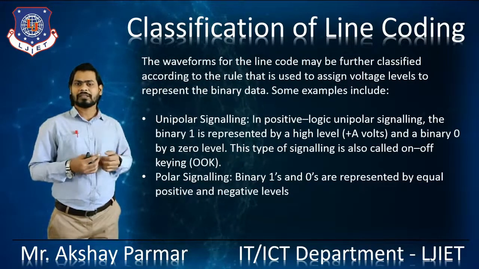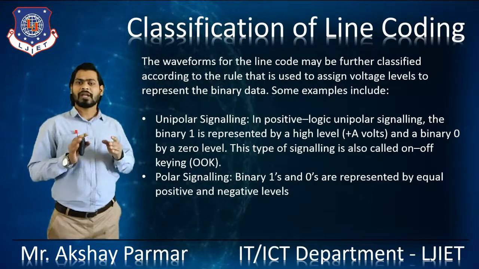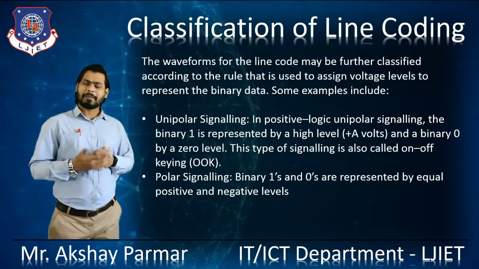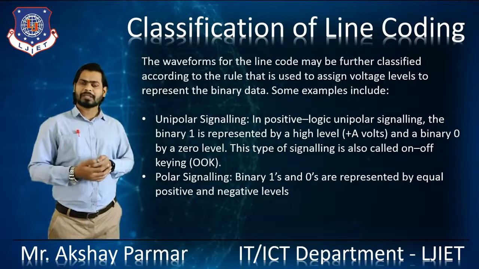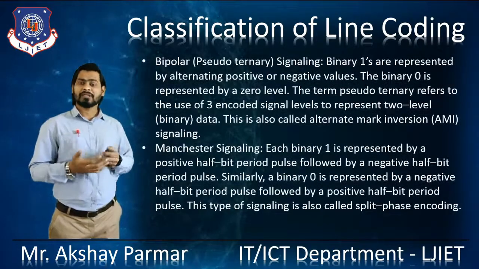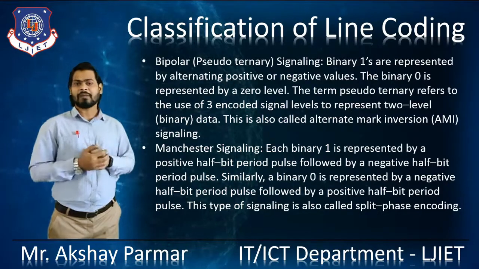In polar signaling, the binary ones and zeros are represented by equal positive and negative levels. And in bipolar signaling, or pseudo ternary signaling, the binary ones are represented by alternating positive and negative values.